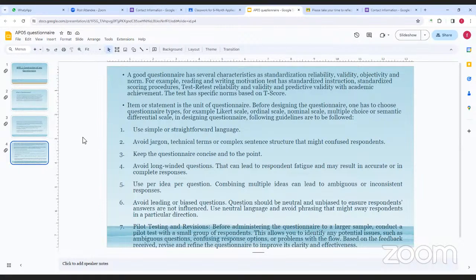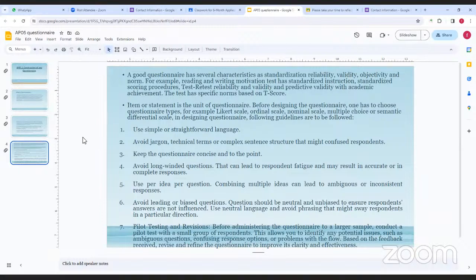Another important part is the validity. That is whether the questionnaire has any good concurrent or predictive or discriminative validity or not. You have to check thoroughly.